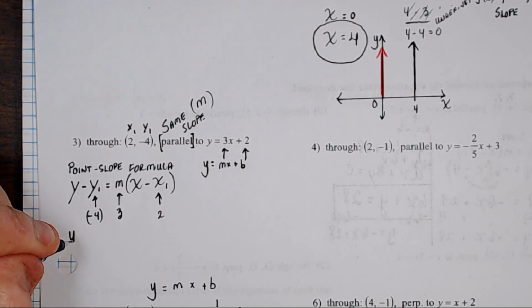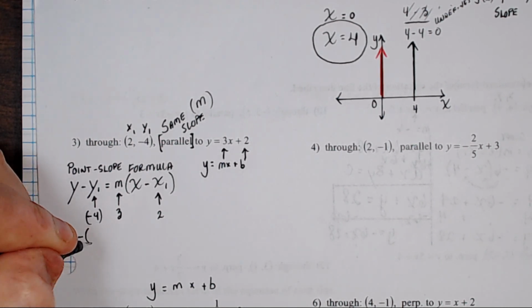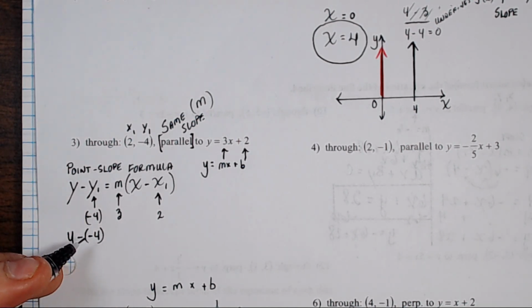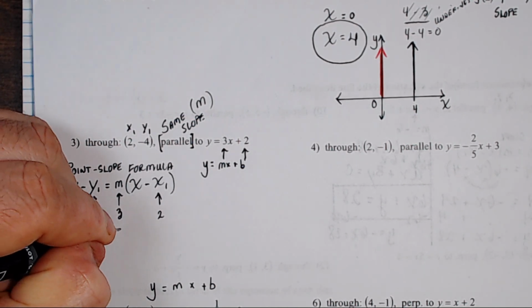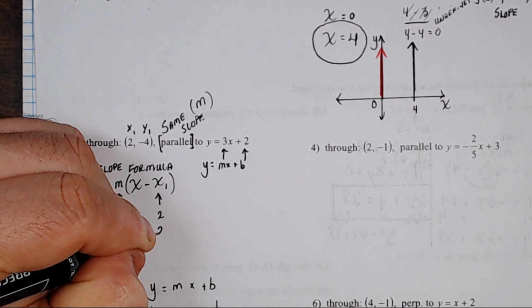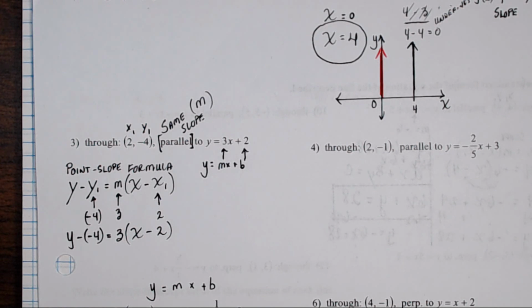We're just going to rewrite this using our numbers this time. So y minus, open parentheses, negative 4, I have a minus minus there, equals 3, open parentheses, x minus 2, close parentheses. So now I need to simplify and distribute and solve.